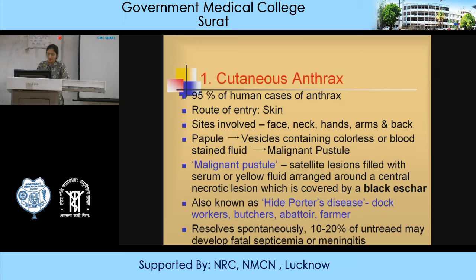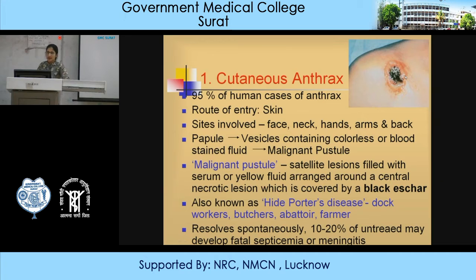This resolves spontaneously, but 10 to 20% of untreated cases may develop fatal septicemia. Here there is a picture showing the black coloring in the central region, surrounded by the edematous border, with serum or yellow fluid containing vesicles.